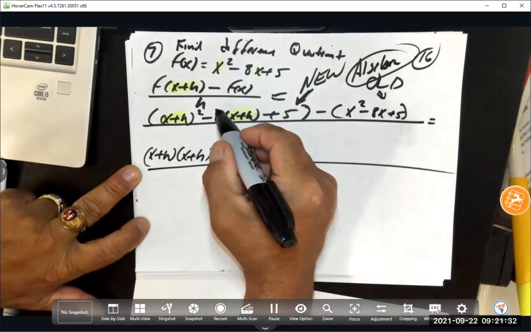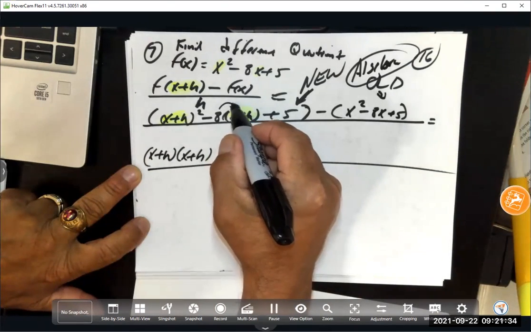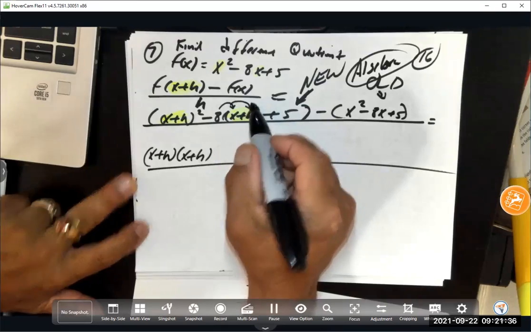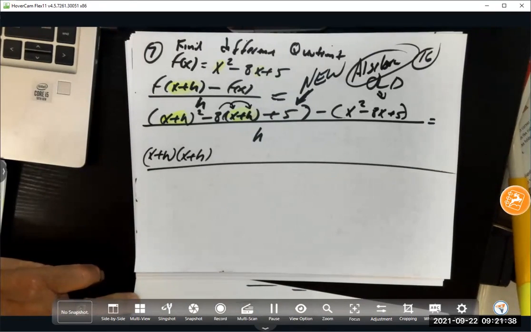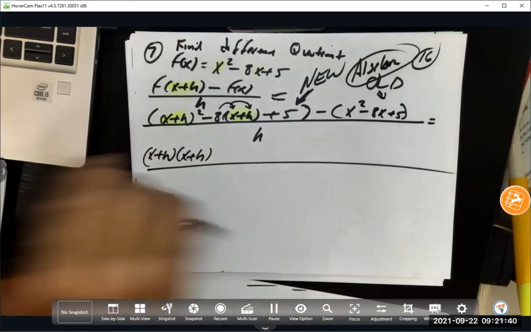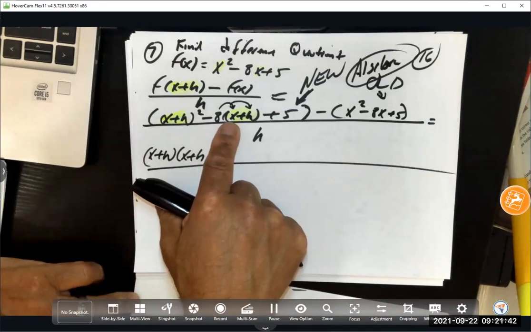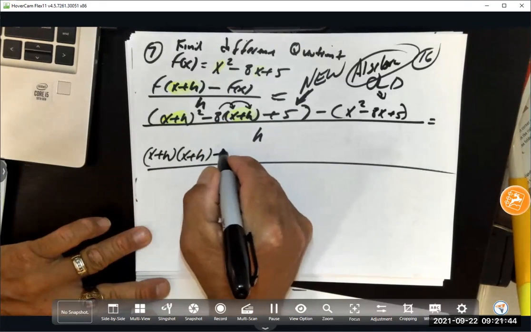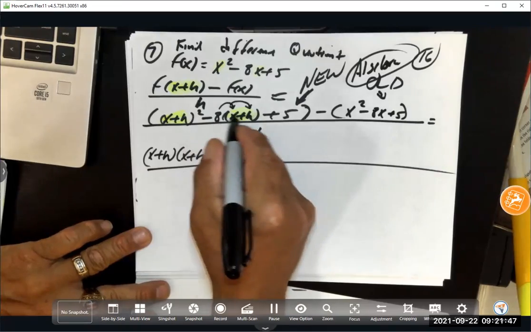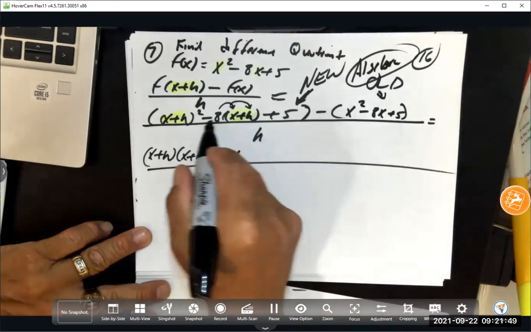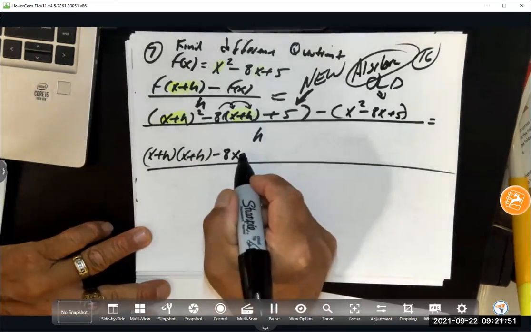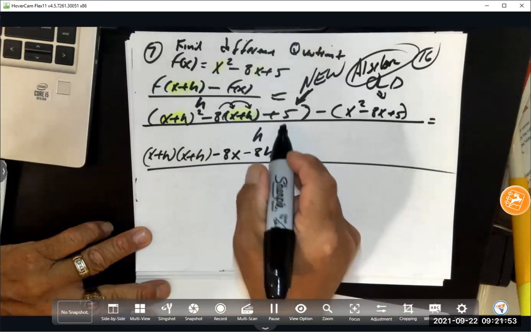Now, this minus 8, does it affect the first number and the second number? Yes or no? So what's negative 8 times the x right here? Negative 8x. Yes. And what's negative 8 times the h right here? Negative 8h. Yes. And then the 5, I'm just going to copy it.